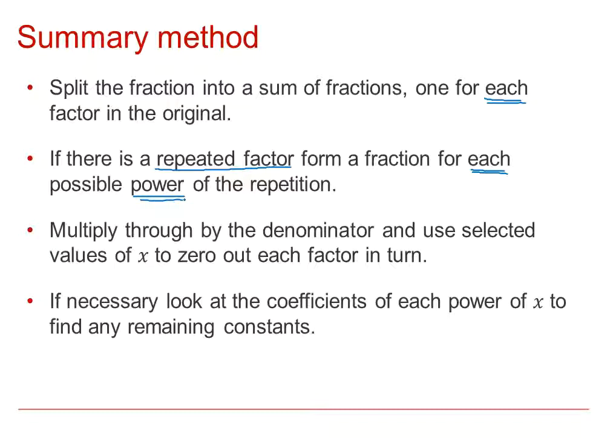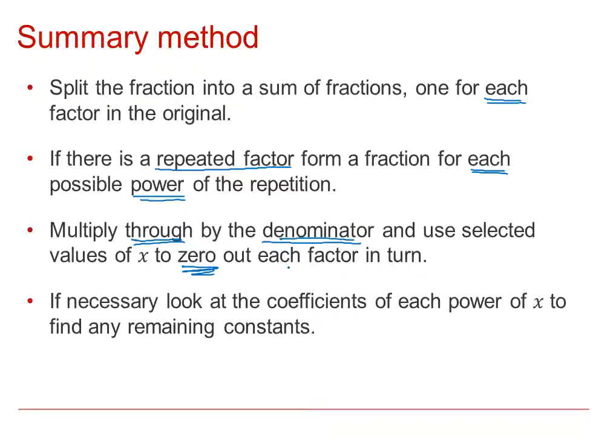So for example, if the denominator had a factor that was cubed, you'd need a over the linear, b over the squared, and c over the cubed brackets. Then you multiply all the way through by the denominator, that's the left hand side and the right hand side, and then you select values of x which create helpful zeros on the right hand side.